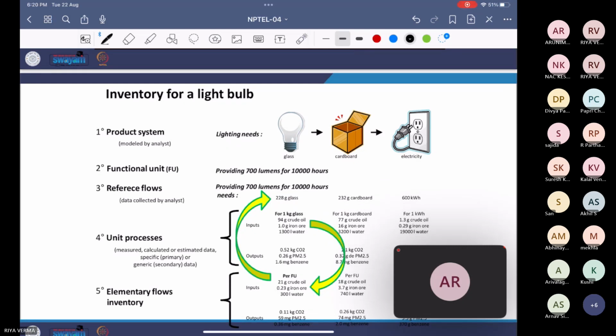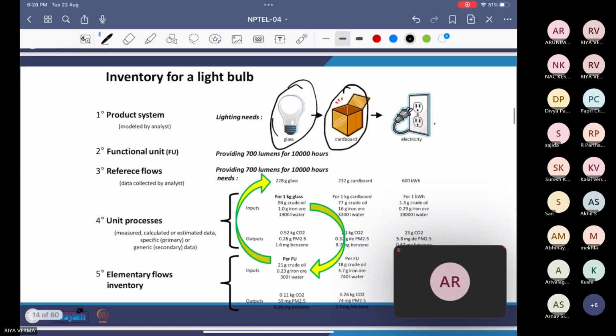So initially we have a bulb that is packed in some cardboard box, and after that, to use this we need electricity. So this is the basic inventory. For the functional unit we have defined providing 700 lumens for 10,000 hours, right?